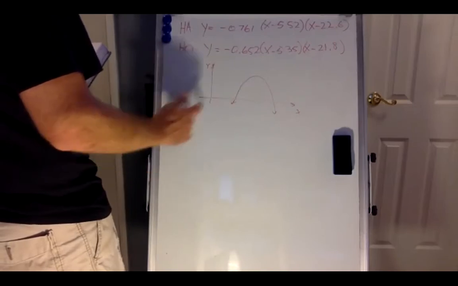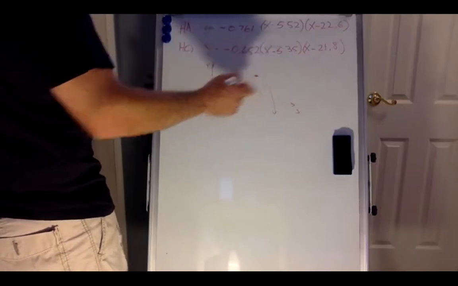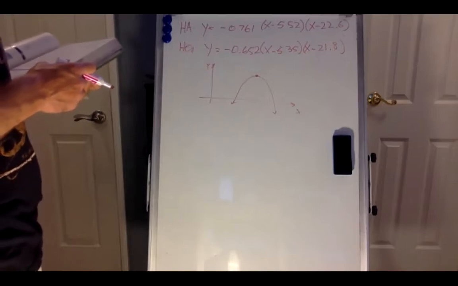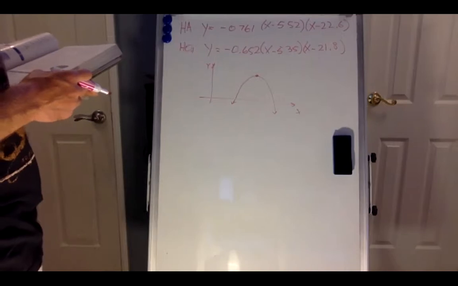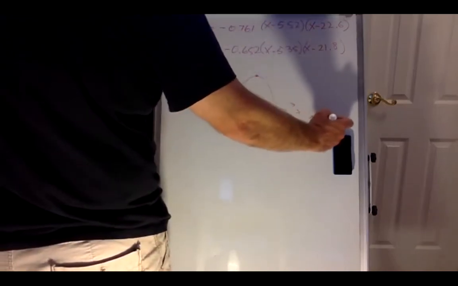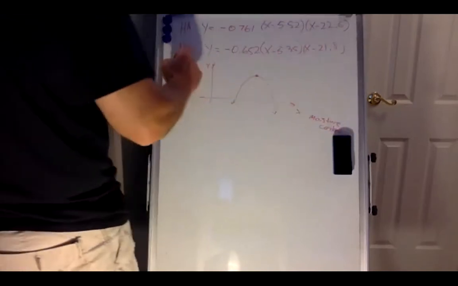All right, so to find the maximum Y, the volume, you're looking for this point for hot air popping. It says what moisture content maximizes popping volume. Well, the moisture content is X. This is popping volume.